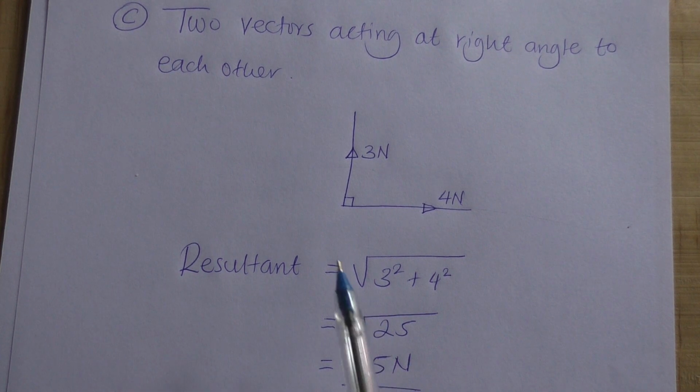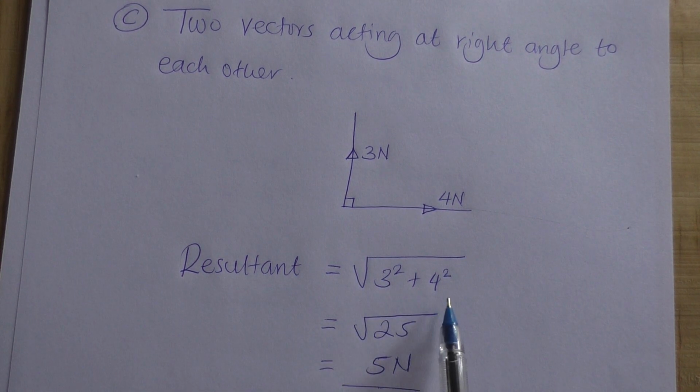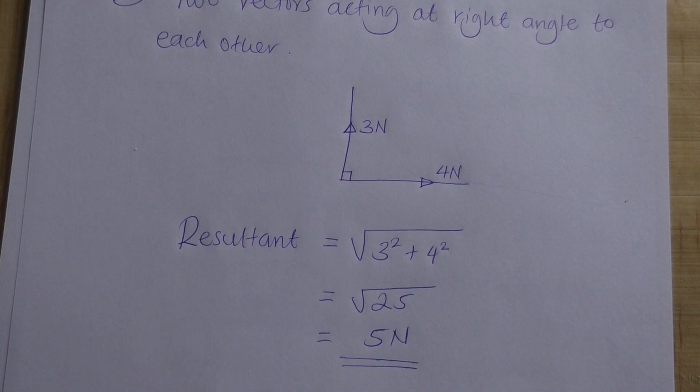That is, the resultant force will be the square root of 3 squared plus 4 squared, hence giving us the resultant force as 5.